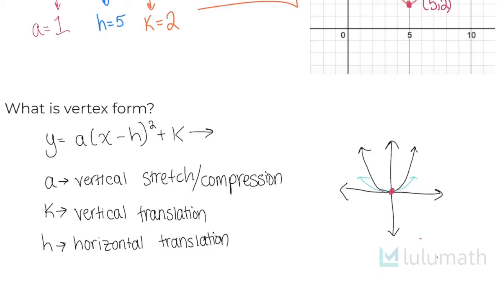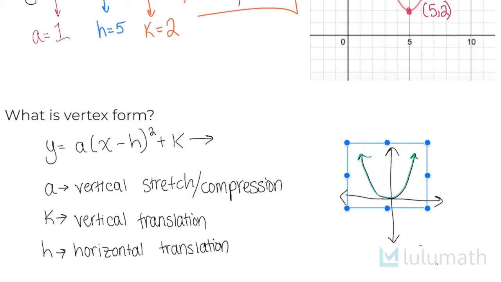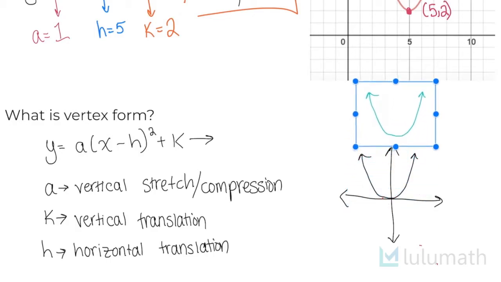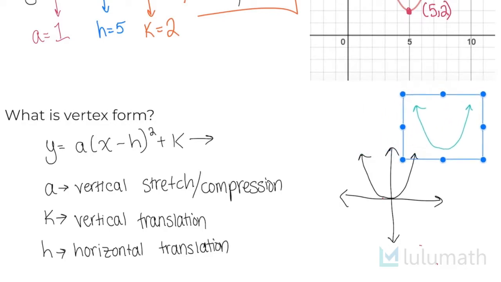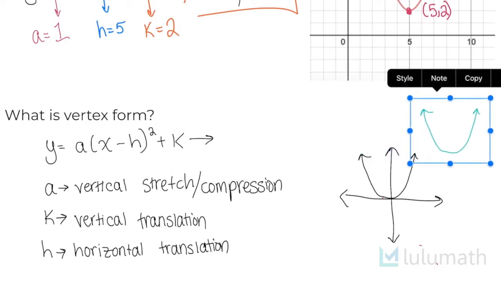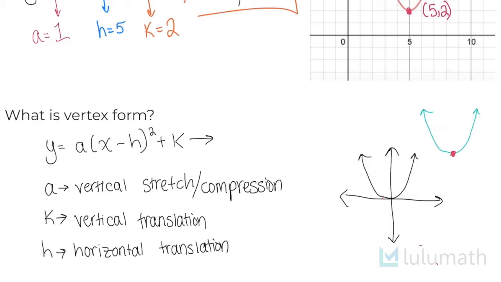My vertex hasn't changed place. However, if I were to do a vertical translation of my graph, my vertex would change location. If I were to do a horizontal translation of my graph, my vertex would also change its location.